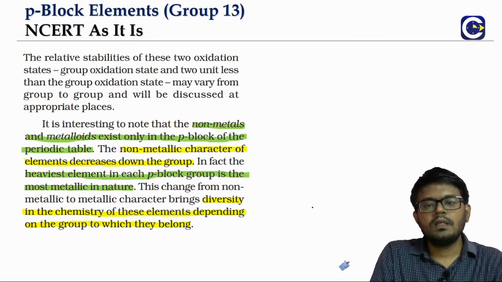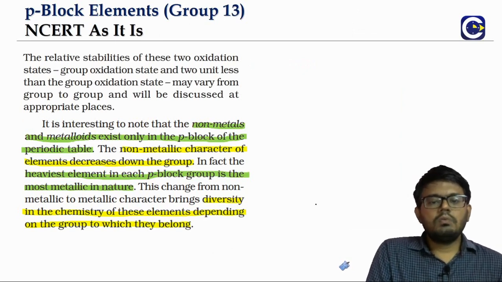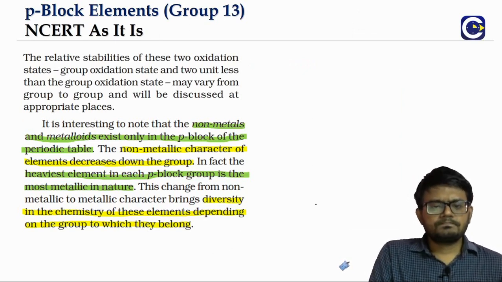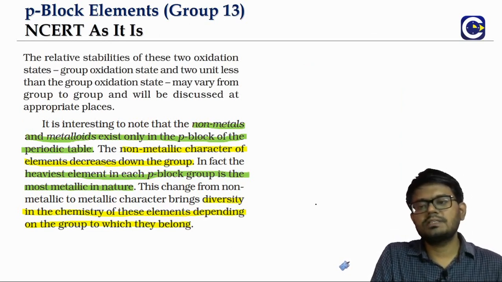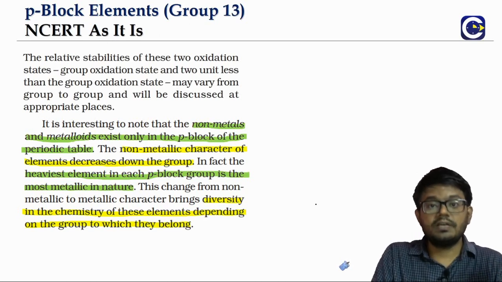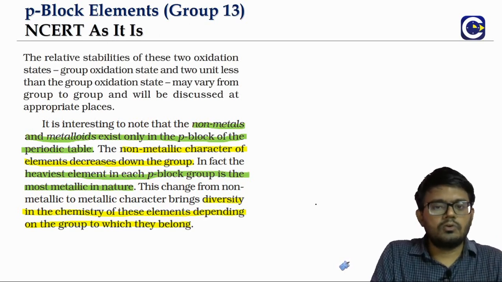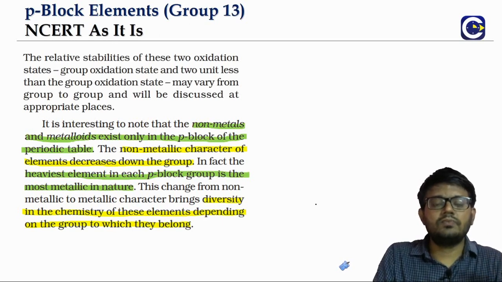Now talking about the P block as such, there is a lot of importance for this P block, because if you talk about S block or D block or F block, what are those? They are all metals. Of course, S block is more electropositive metals. D block transition metals will have their own characteristic properties.